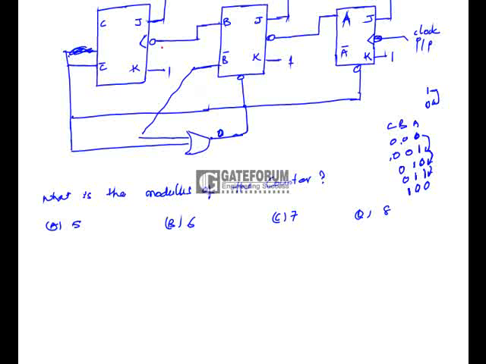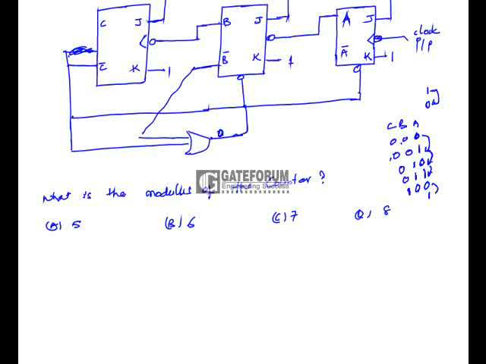Why? Because it is a JK flip-flop and both J and K are connected to 1. So this is the state. Now this 0 will become 1, the next state being the complement of the previous state.